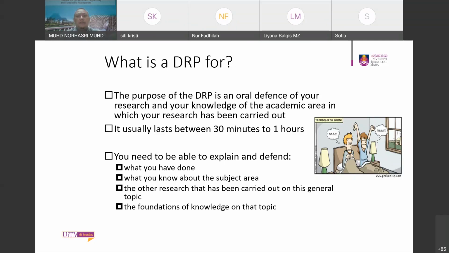Just one tip, to get in the mood and prepare yourself mentally and physically during the first year before your DRP: prepare some writings, maybe conference papers or journals regarding your areas. Go for review papers. Try to write at least one during year one of your research candidature.